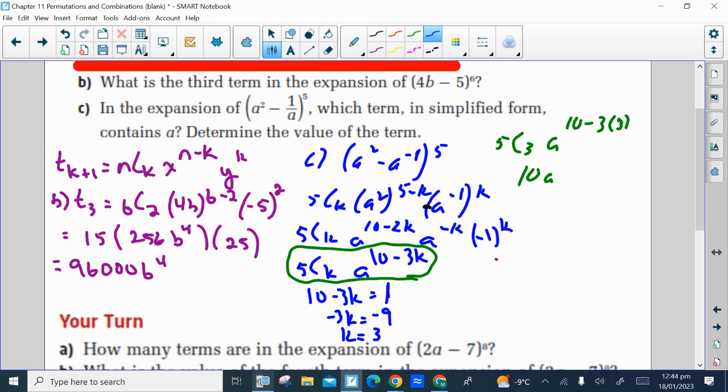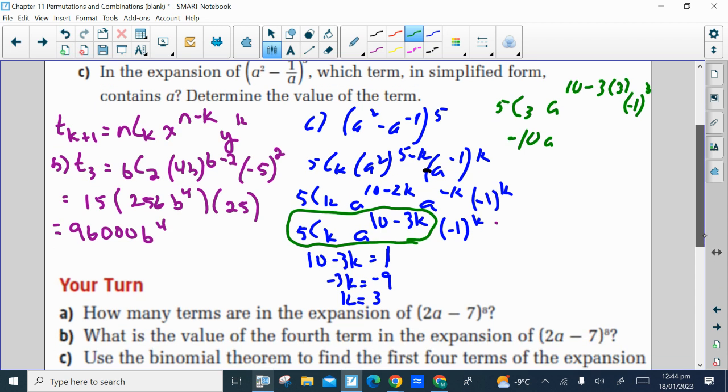It doesn't change the value that k is 3, but then when you let k equal 3 in this expression, you'd also have negative 1 to the power 3, which is negative 1. And so the term is actually negative 10a. So I apologize for missing that negative 1 in front of the a.